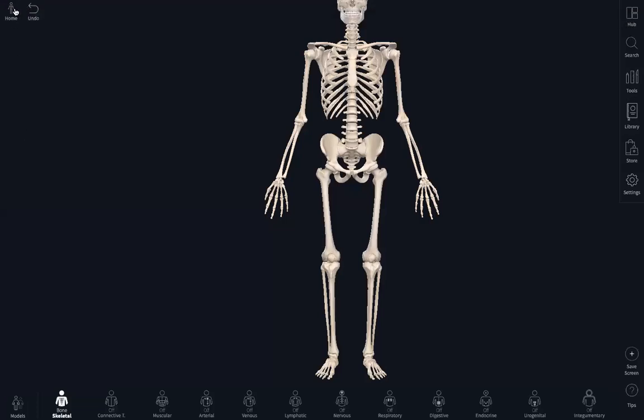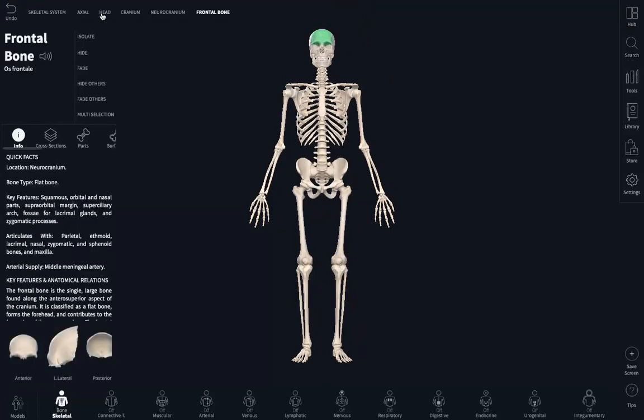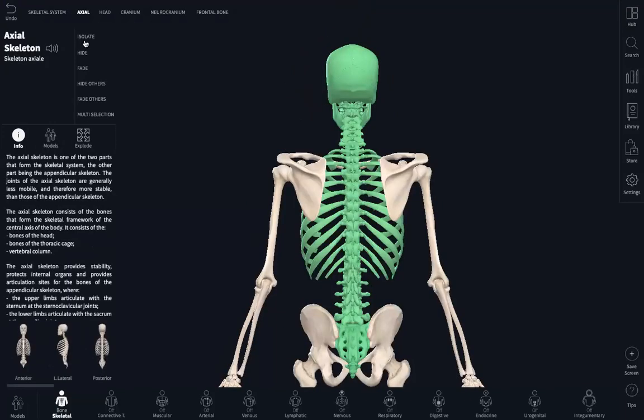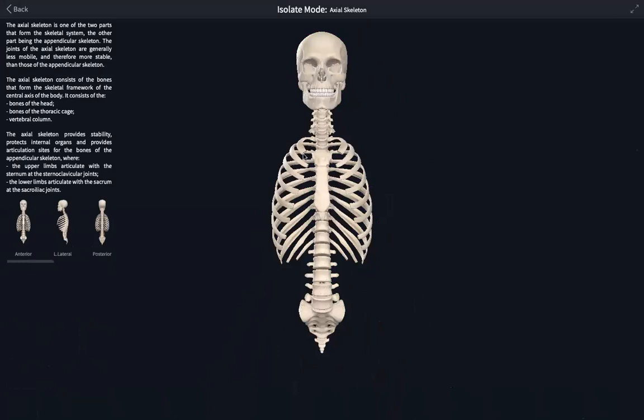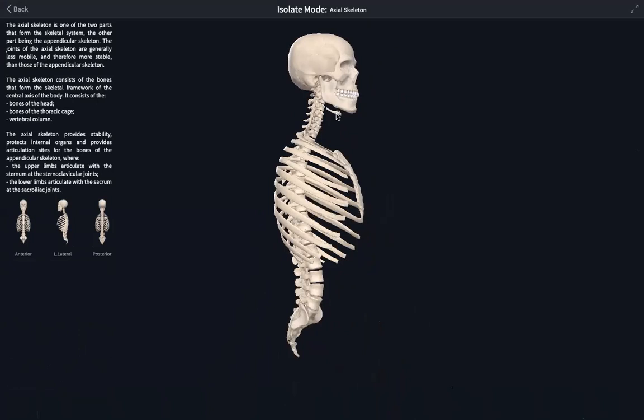So now, let us move back to the axial skeleton. What you see is your axial skeleton consisting of the skull and the vertebral column. If you want to see the hyoid bone, I'll just show it to you all. Can you see this bone just below the chin?